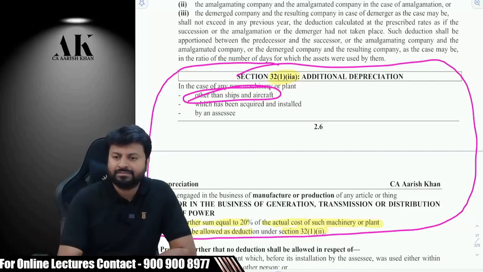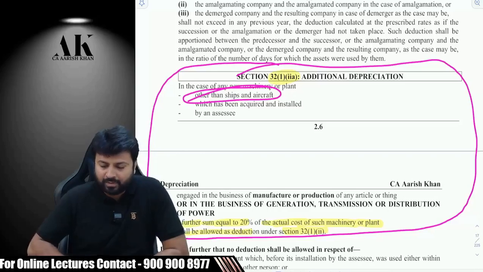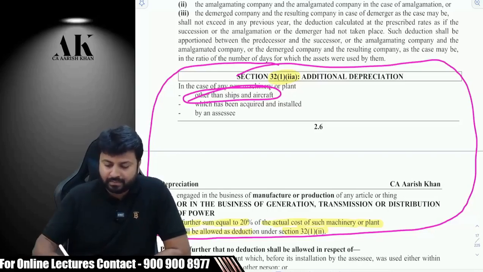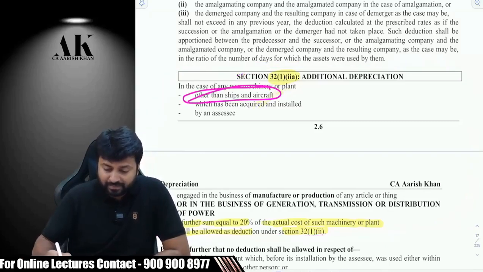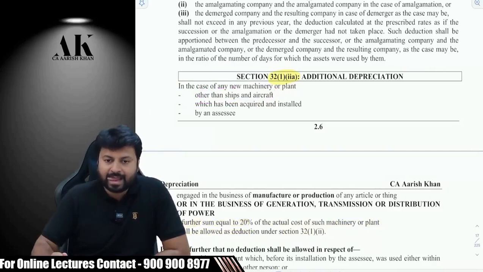Please say whether he can claim additional depreciation in case of his car. I don't think so. Yes, sir, he can claim. Palani, how come? It is used in the business, sir. But it is used in the business, and the business is manufacturing with Reliance Industries.